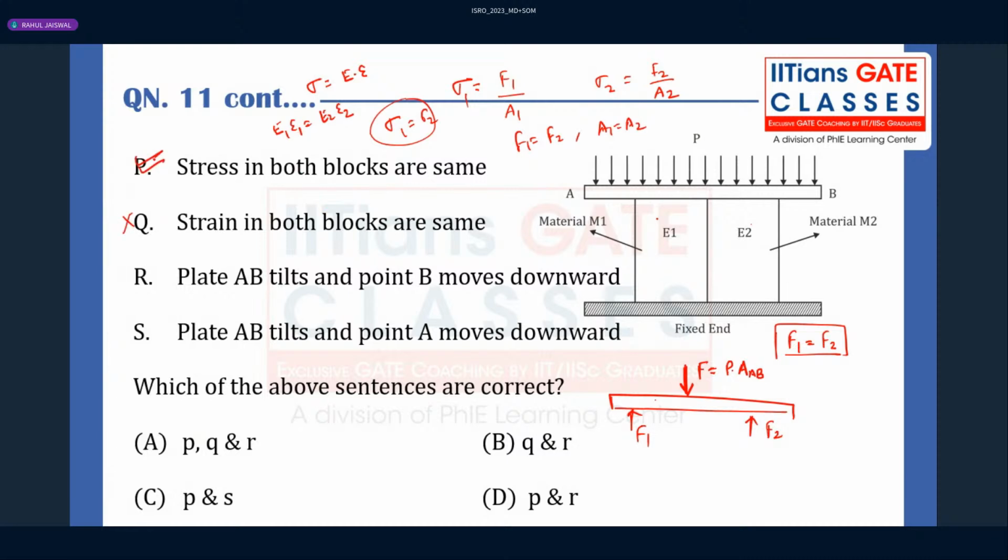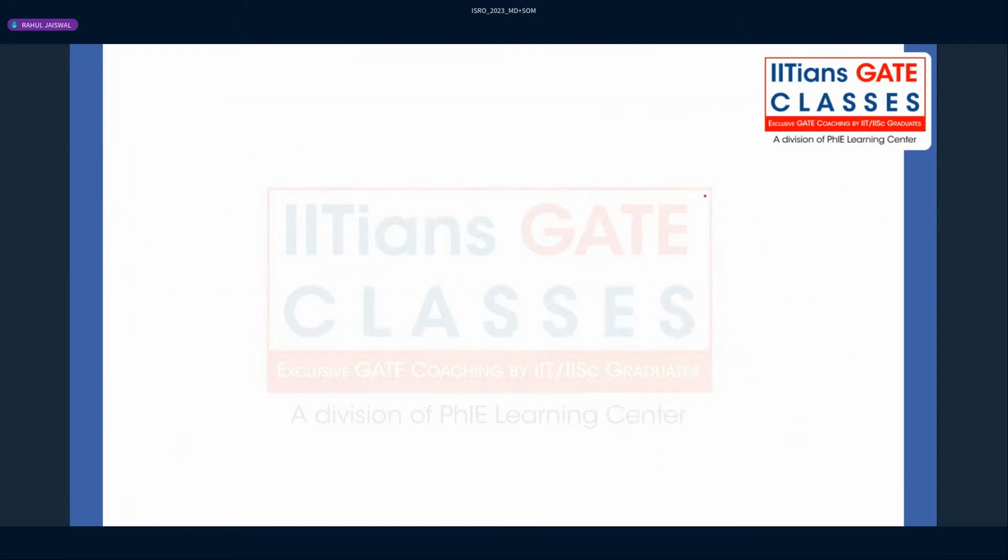So remember, this is not the case of a composite bar.